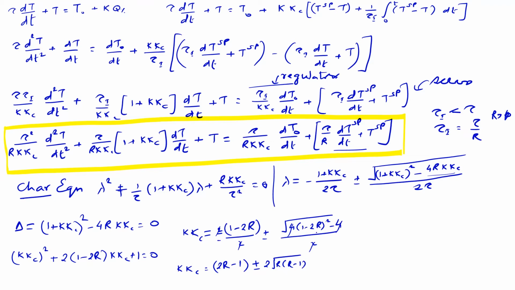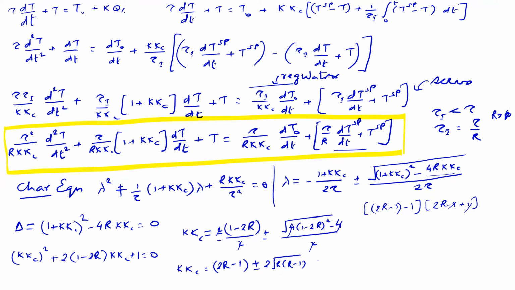Let's see, a square minus b square is a minus b into a plus b, so 2r minus 1 multiplied by 2r minus 1 plus 1. So this would be 2r and this would be 2 times r minus 1.